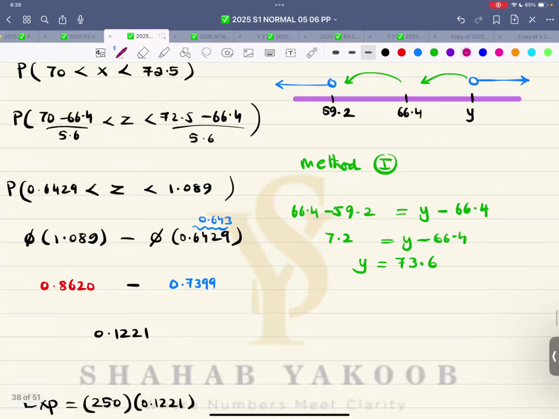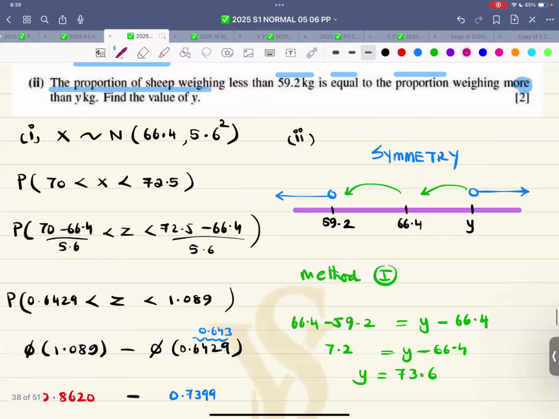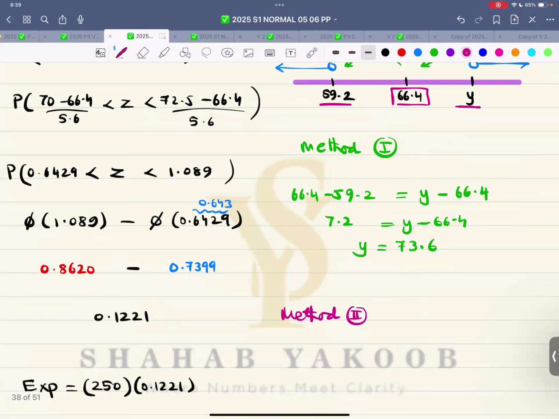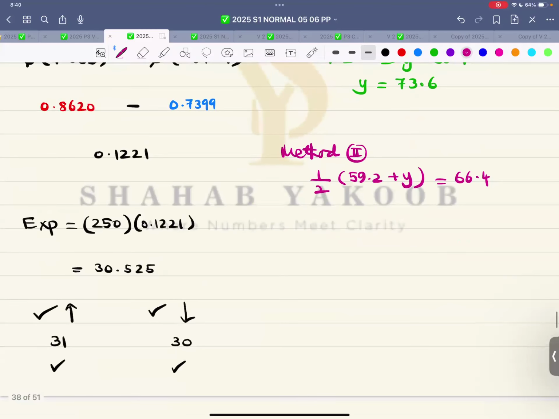What is the other way of doing it? That is the midpoint formula. Method 2, the midpoint formula. So basically, this is the midpoint between these two. So 66.4 is half of 59.2 plus Y. So 66.4 into 2, that is 132.8.